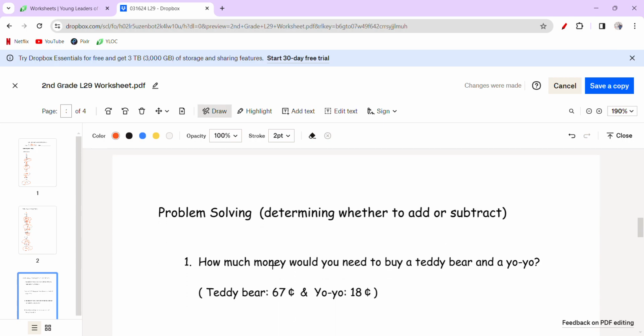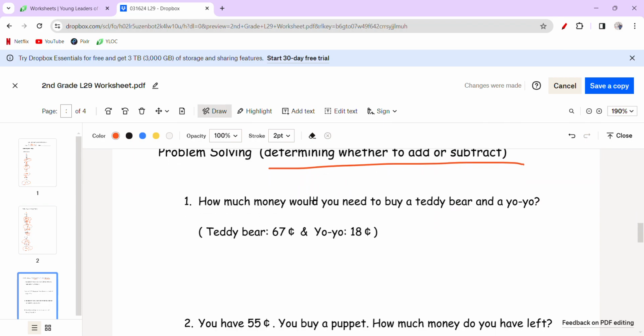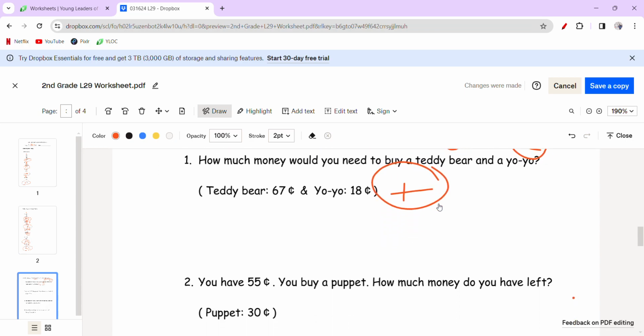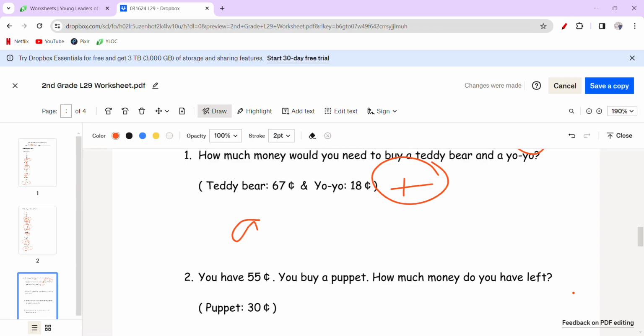So, problem solving to determine whether to add or subtract. Okay, how much money would you need to buy a teddy bear and a yo-yo? When they say and, they want both items, right? Number 1 and number 2. So therefore, you would have to add.